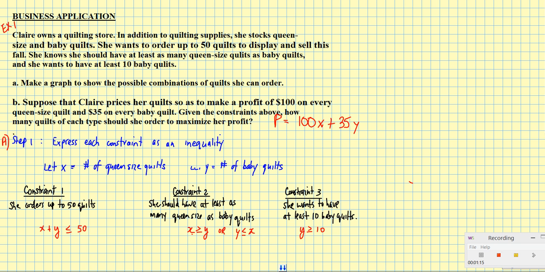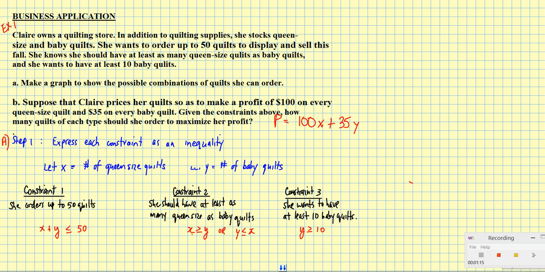The second constraint says that she should have at least as many queen-size quilts as baby quilts. At least means that she should have at least as many queen-size as baby.